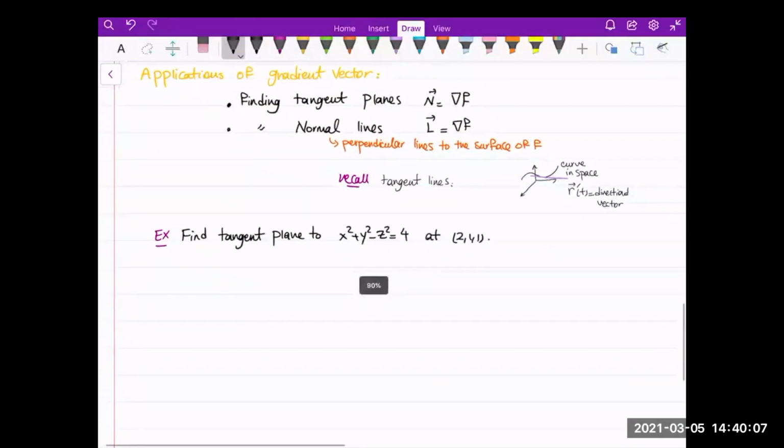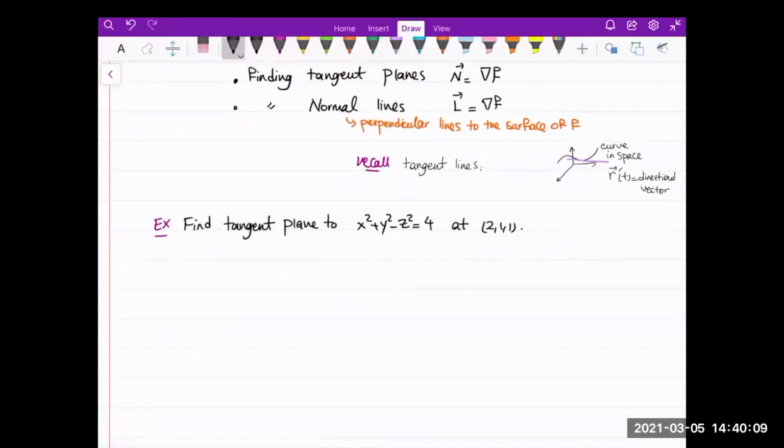So to find the tangent plane, like any plane, we need the normal vector. The normal vector for the tangent plane is the gradient. So the gradient vector is fx, fy, and fz. So what is f actually in here?